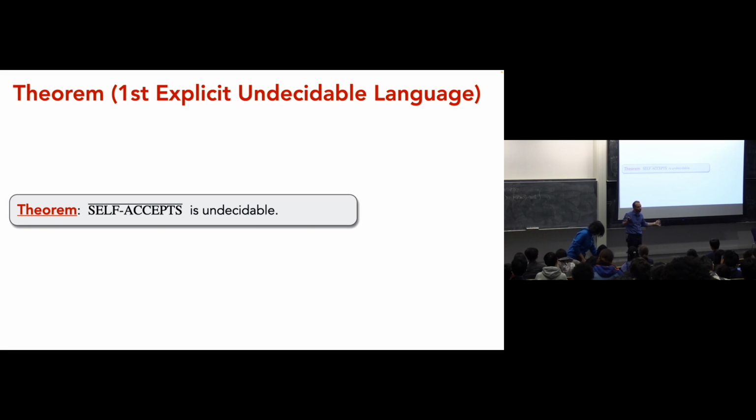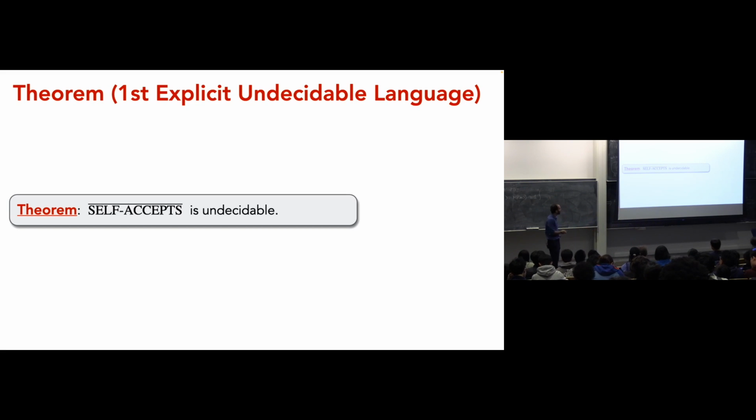Okay, so that was one of the major parts here. Now, what I want to do is show that other problems are undecidable. From this, there's a direct corollary. What's another problem that's undecidable?